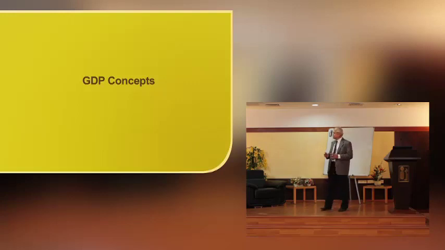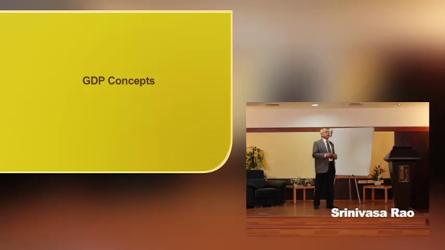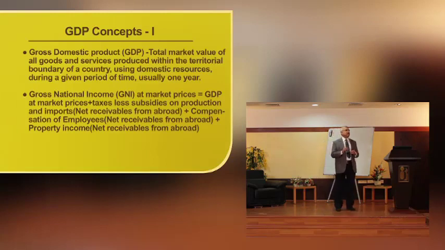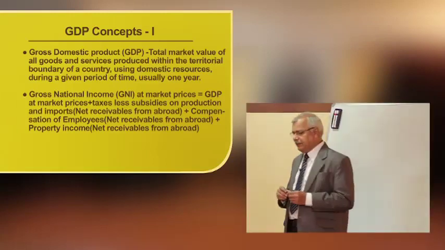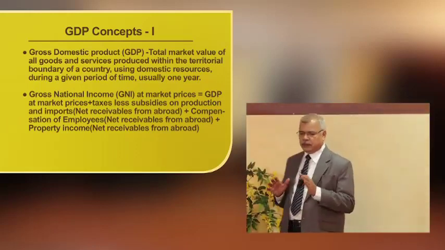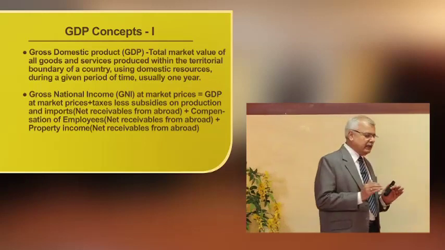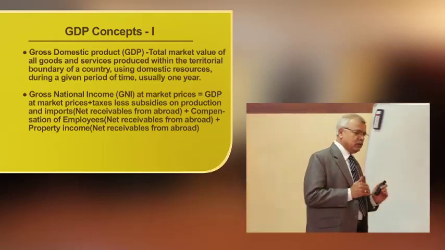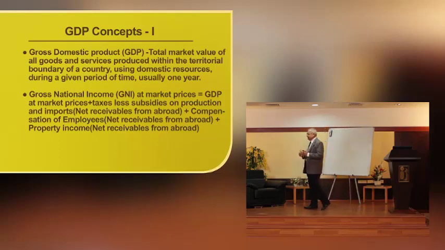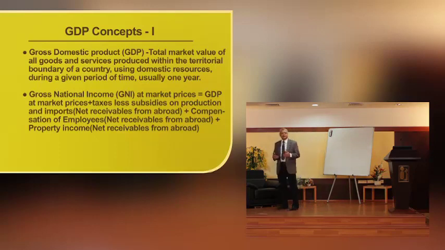Now, taking the discussions forward, we should study in depth the concept of gross domestic product. We have seen earlier also that gross domestic product is nothing but the sum total of the products and services produced during a year or during a fiscal in terms of monetary units.